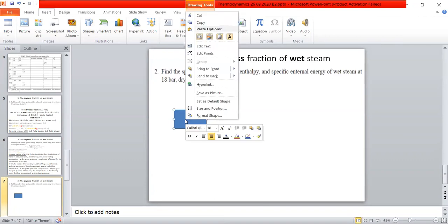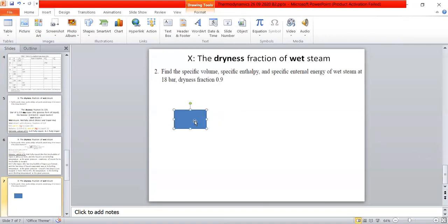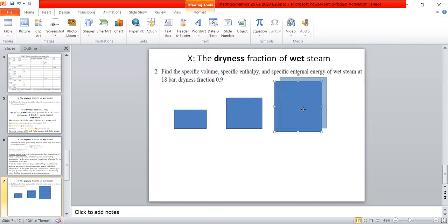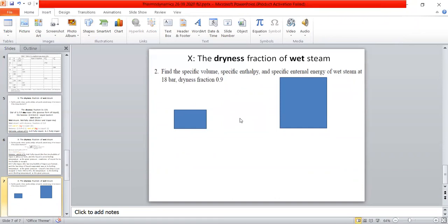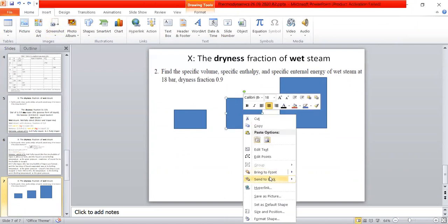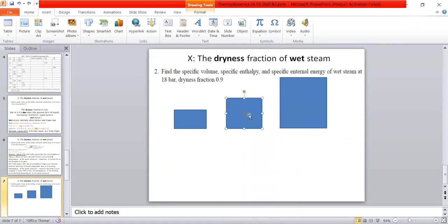1 kg, the same 1 kg. So here, for example, let's say x is 0.9 according to this question.